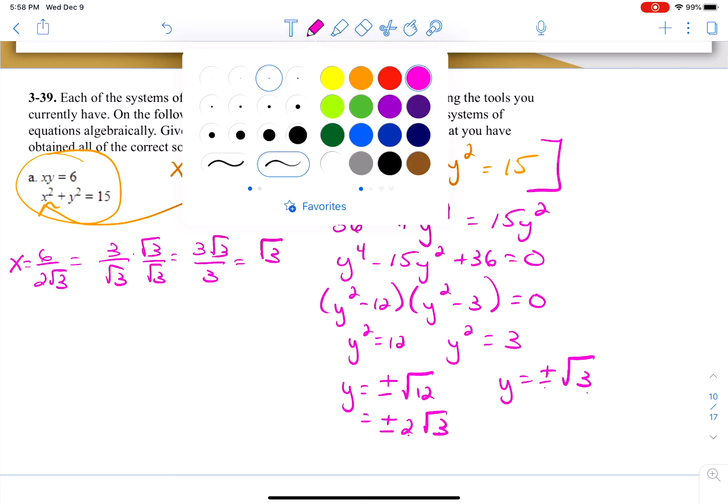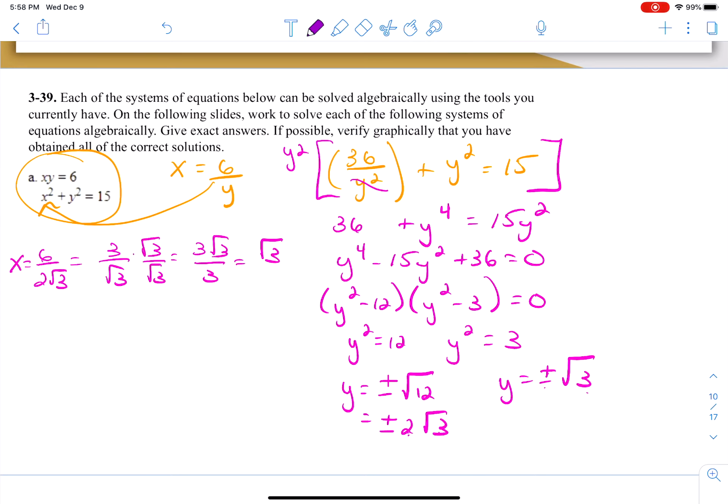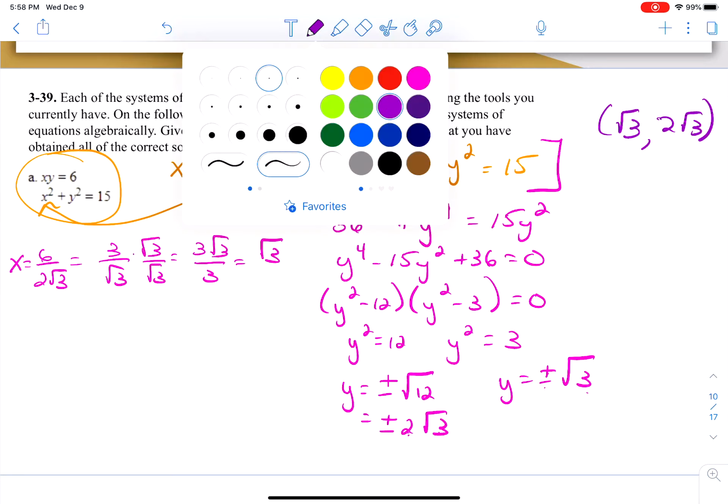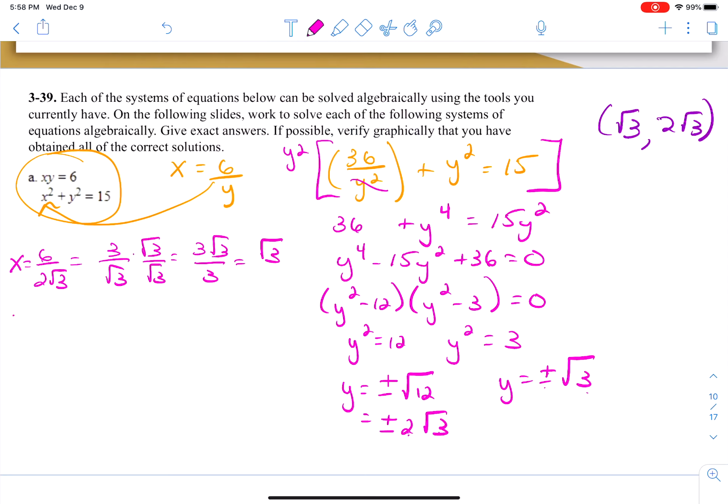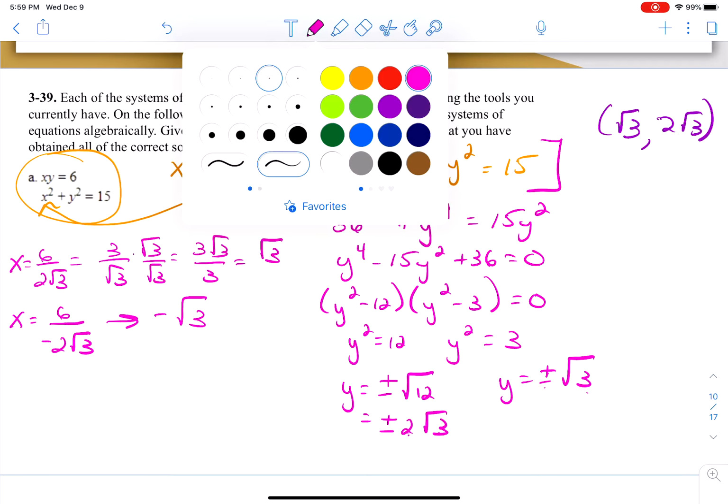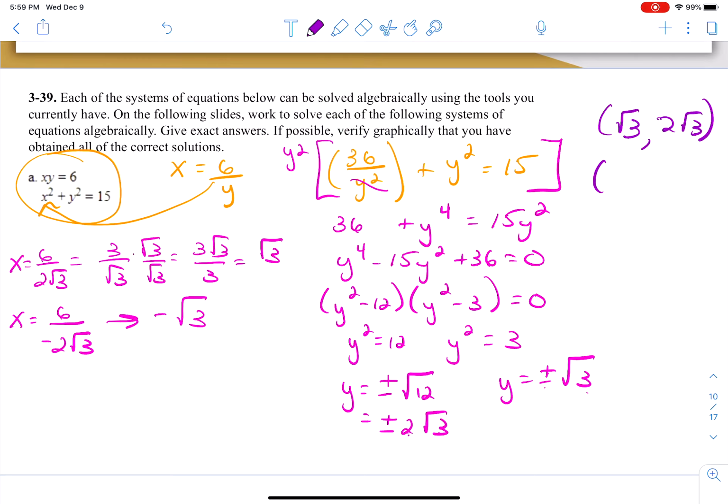So starting to list out my solutions, x is the square root of 3 when y is a positive 2 square root of 3. Putting in a negative 2 square root of 3 for y is going to give me a negative square root of 3 for x. So I have my second solution.